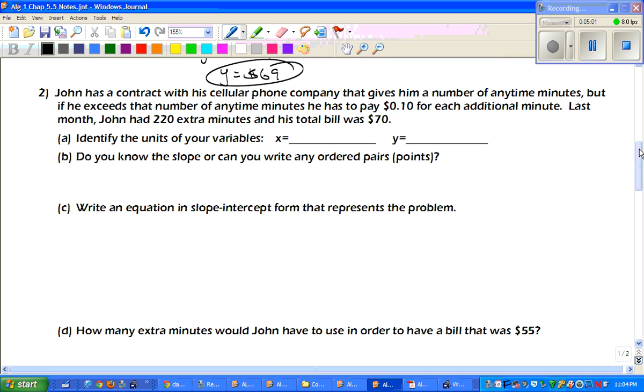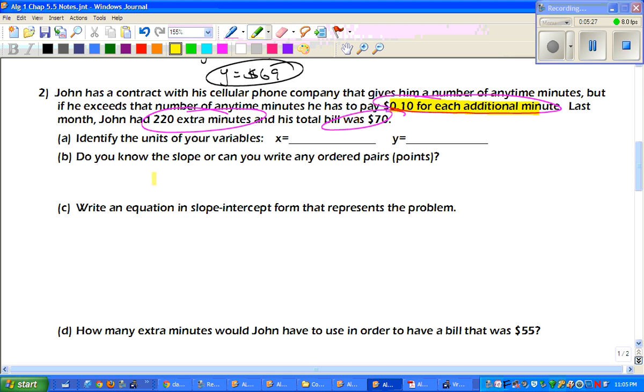John has a contract with a cellular phone company that gives him a number of anytime minutes. But if he exceeds that number of anytime minutes, he has to pay $0.10, 10 cents for each additional minute. Last month, John had 220 extra minutes and his bill was $70. So let's go through.